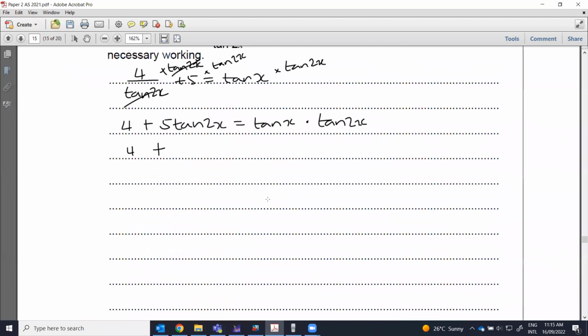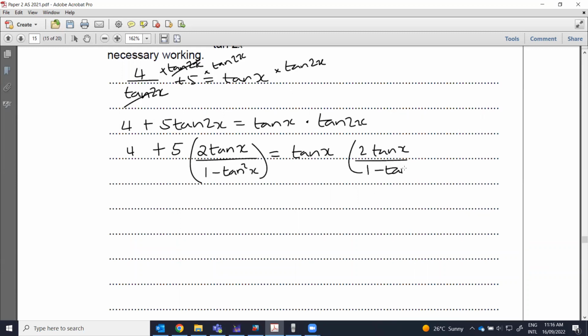Formulas are provided, but it's always a good idea to also know the formulas yourself. So tan of 2x is tan x plus tan x, which is 2 tan x, and then we have 1 minus tan squared of x. This is tan x times 2 tan x over 1 minus tan squared of x.